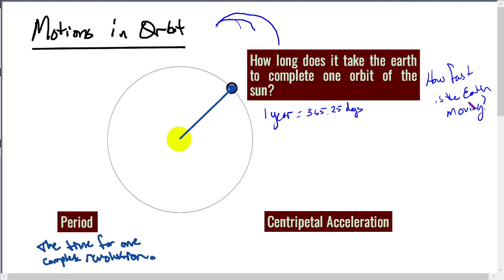So what do we need to know? How fast is the Earth moving? Well, if we're looking for how fast, then we need to know a distance. Our speed, or our velocity, equals our distance divided by our time.